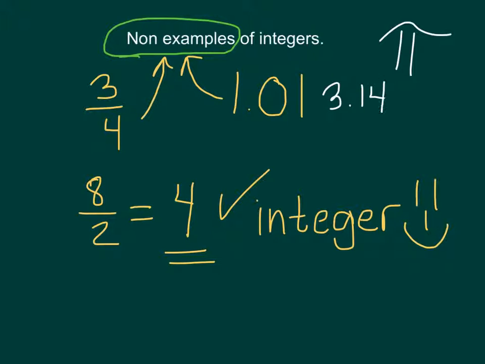It's 3.14, and it goes on and on for thousands of different digits, and it never ends. Okay? So we know that pi is not an integer because pi is a decimal. So 3.14 or pi is a non-example of an integer. So make sure that you understand that pi is not an integer.